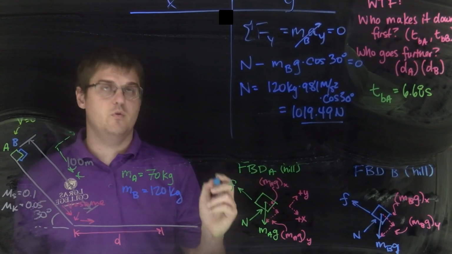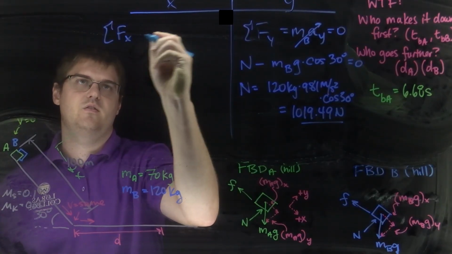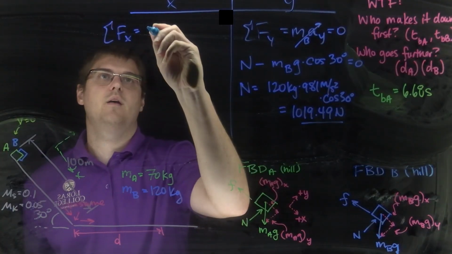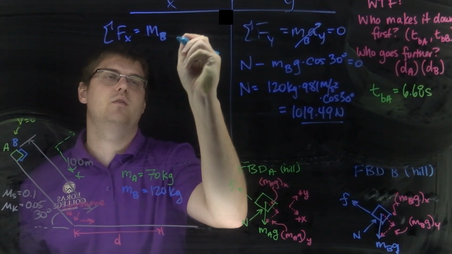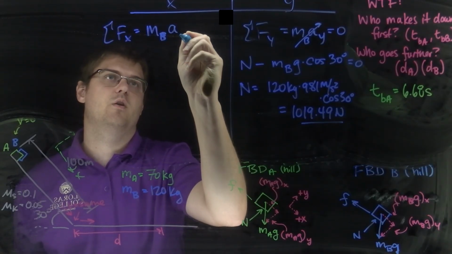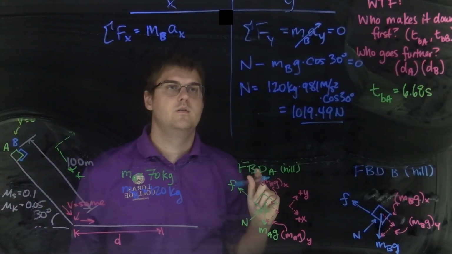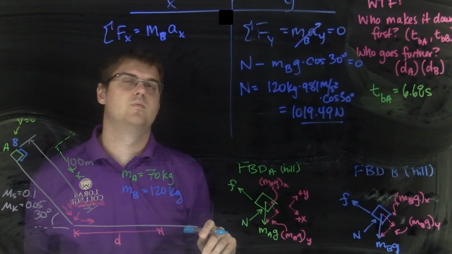I now am going to move it to the X. Sum of my forces in the X are going to be equal to mass of B, because I'm looking at B, times acceleration of B in the X, which is not 0. Again, all of our acceleration is in the X direction.